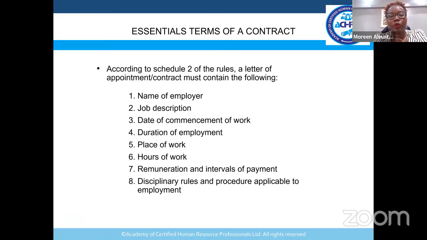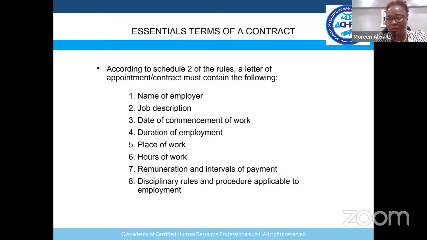The contract of employment should also have a job description. What is the employee employed to do? So that at the end of the day, if they are assigned additional duty, if they come and claim for such monies, there is a basis. Because if you, for example, hired somebody to be a cleaner, and then you give them the duty of being a receptionist, they can actually claim double salary.